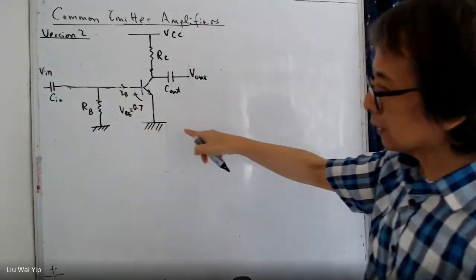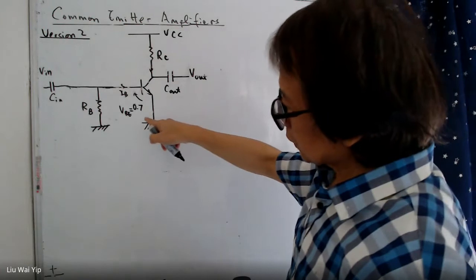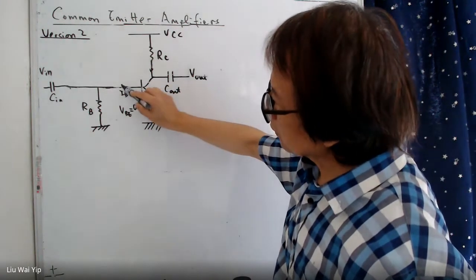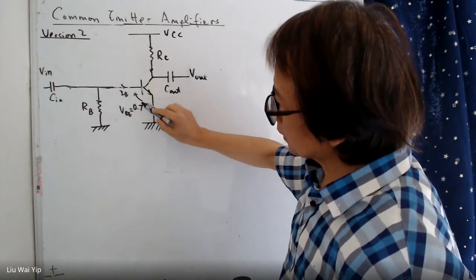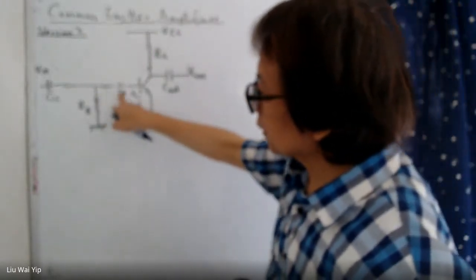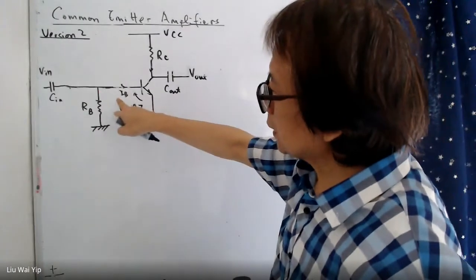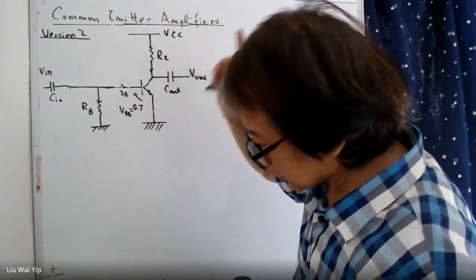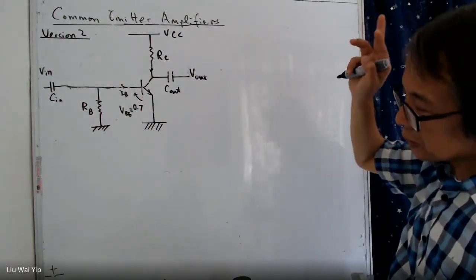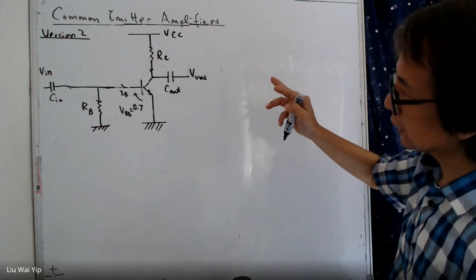And in this case, the DC voltage of the base will be determined by VBE here. So based on this level, first of all, we have to determine the biasing condition.